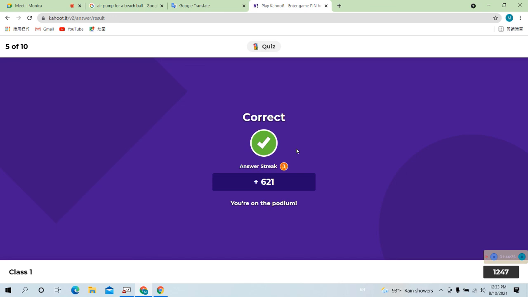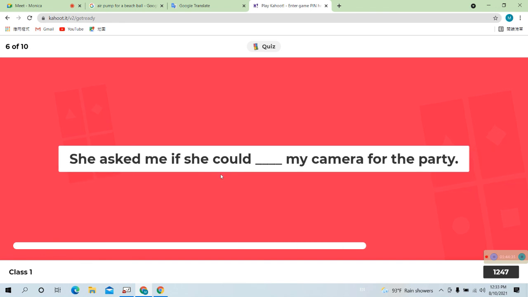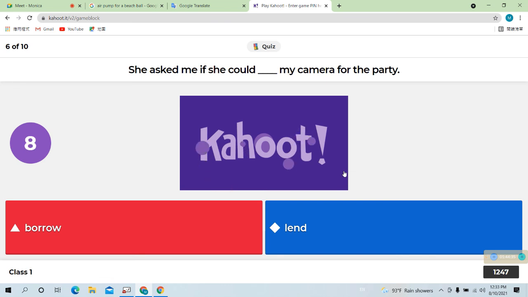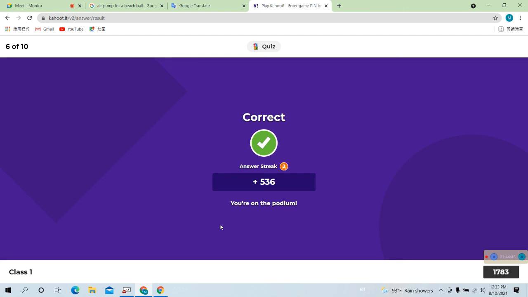Next, Ryan. She asked me if she could borrow my camera for the party. Ryan, 5, 4. Borrow. It's borrow. She asked me if she could borrow my camera for the party.